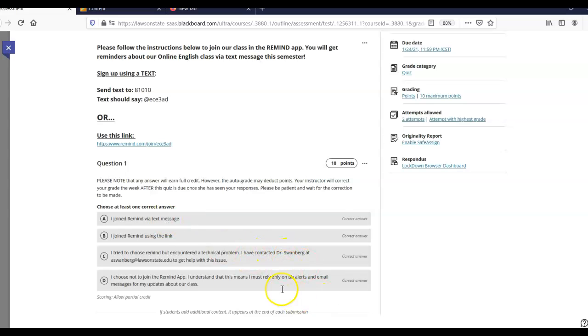Any one of these answers will earn you 10 points on this, but this is an auto grade question in an auto grade quiz, and that means that it may deduct points from you initially, but when I grade the quizzes at the end of week 2 or at the beginning of week 3, I will correct that.